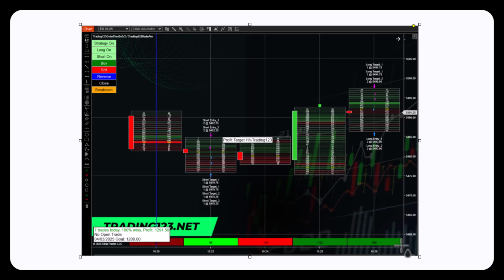And then the next bar prints over 800. It goes long the 4 contracts and hits our goal very nicely. So we just needed a 16 tick profit goal to hit that profit, and $1,291. So this chart is very easy to read.